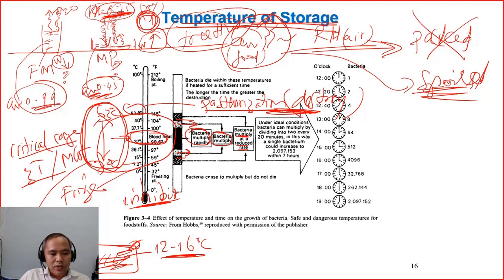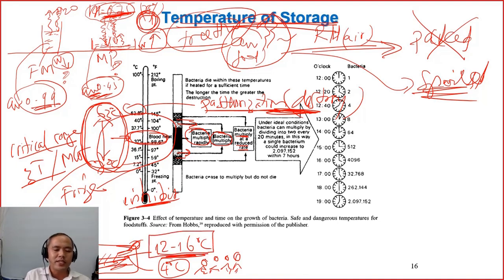Why don't they control at 4 degrees C? Because then it's not friendly to the people who work in the room. It's too cold for people to work. That's why they condition at 12 to 16 degrees C. So it's suitable for the people who work, but also somehow inhibits microbial growth. Okay, so temperature is very important.